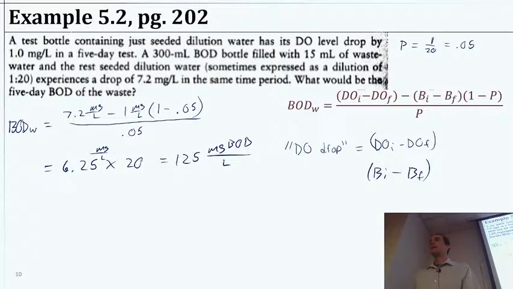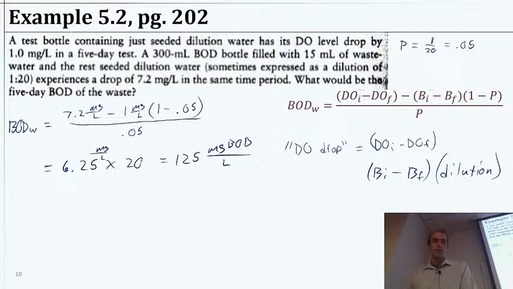The B? Yeah, there's not really a good rhyme or reason why we're labeling the dilution water as B. That's just the way it is. To be or not to be, it is B. I guess D was already taken, so there you have it.